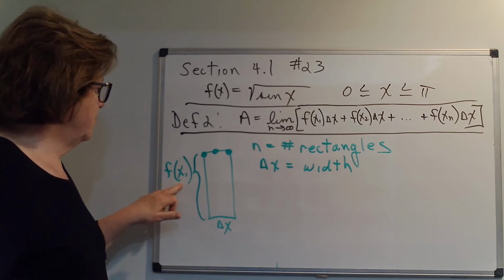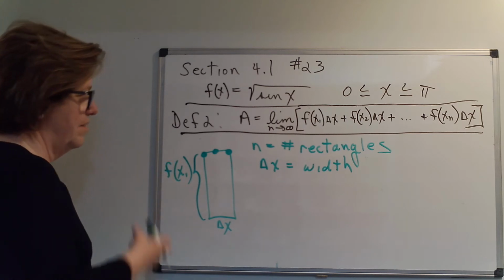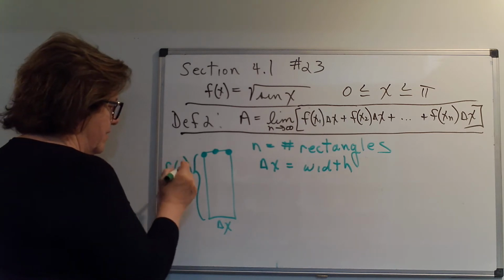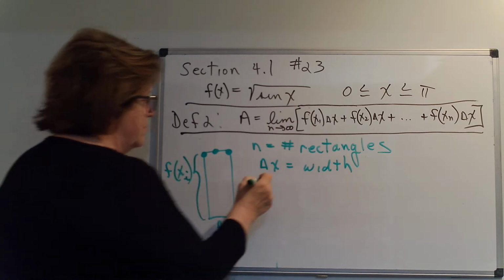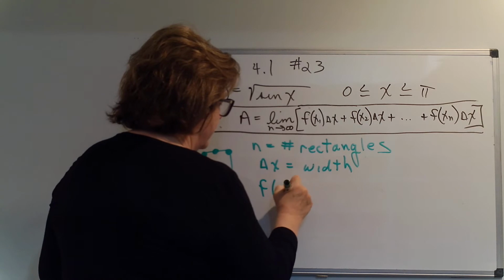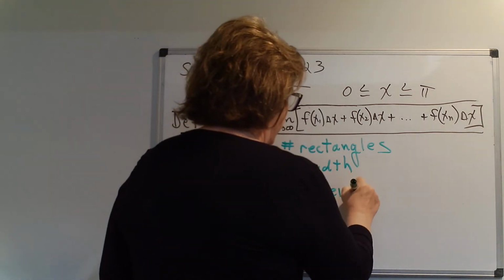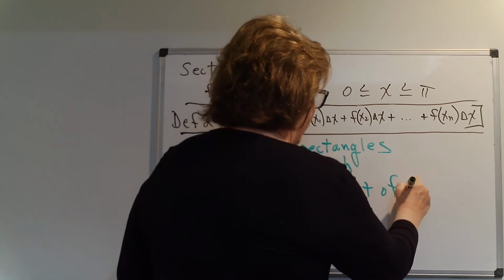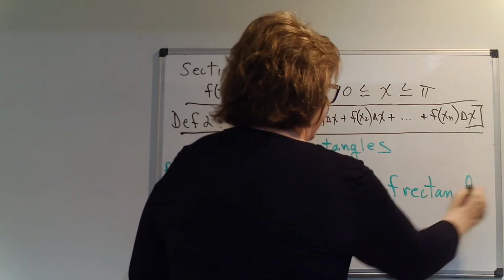Now that's just the first rectangle. How do I want to write this so that I'm including every rectangle? So instead of x sub 1, I'm going to use x sub I. The height of rectangle I, or the ith rectangle.